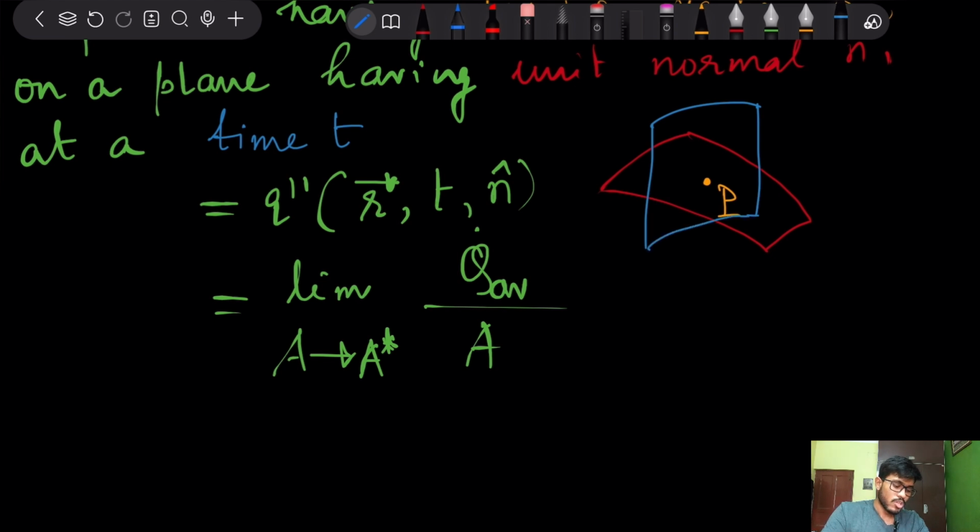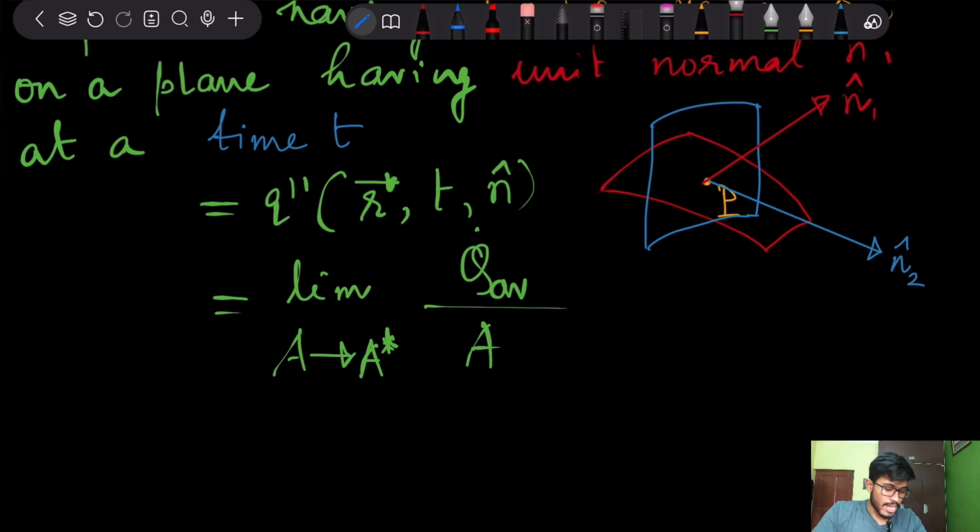Through this point P, this blue surface has its unit normal like this, maybe n hat 2, and the red surface has its unit normal maybe like this, n1.